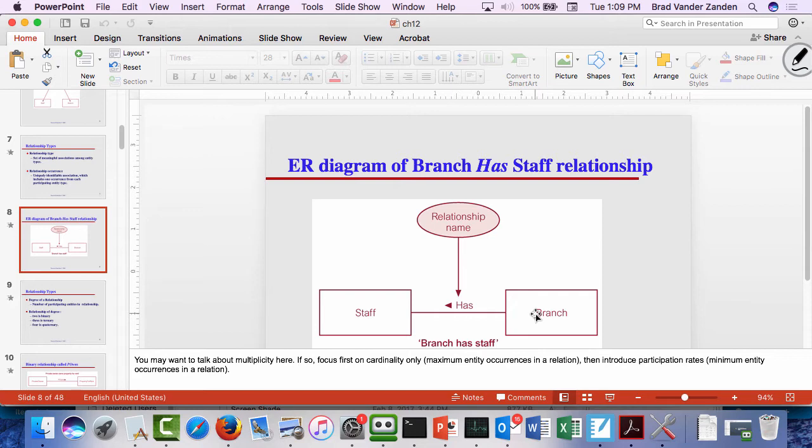I'm using passive verbs and multiple words for the relationship. If I can't express the relationship with a single action verb, perhaps flip the two entities and see if it makes more sense to express it the other way. And that's the direction you draw the arrow. If I say branch employs staff, I draw the arrow from branch to staff.